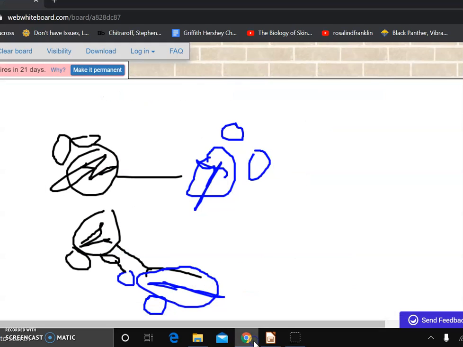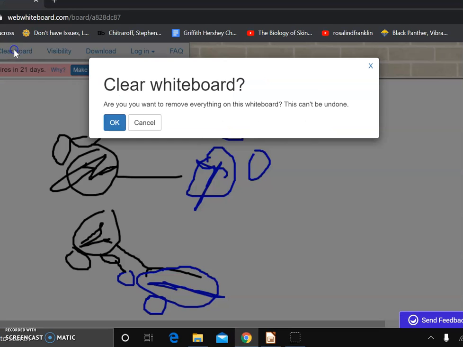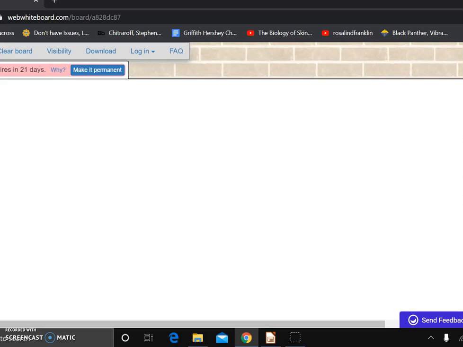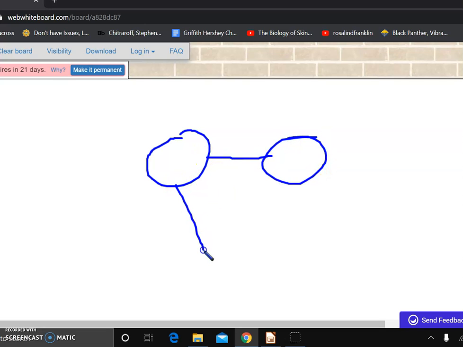So if I go back to my drawing for you guys, if I clear the board and take a molecule, let's do one like this.